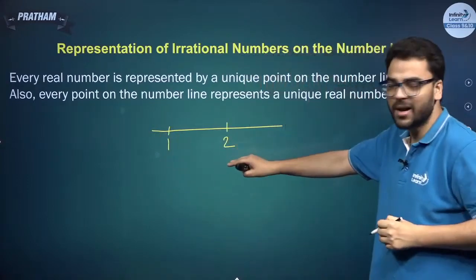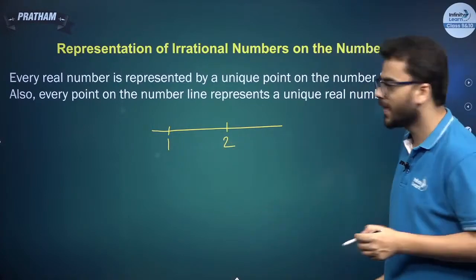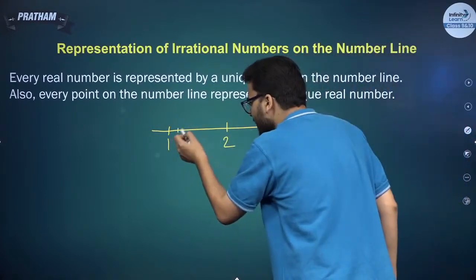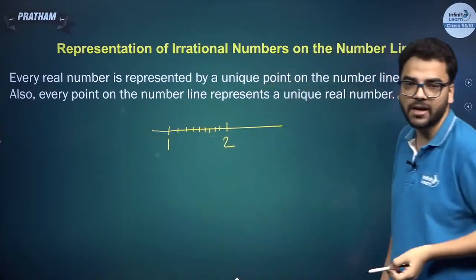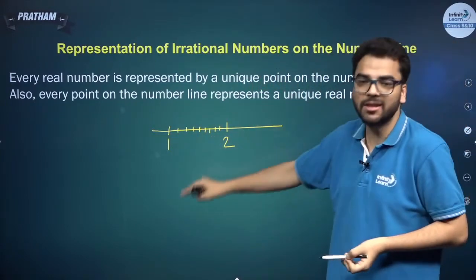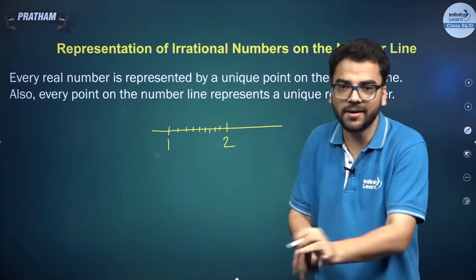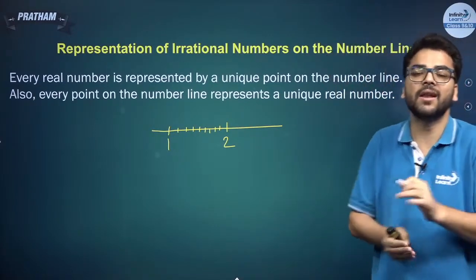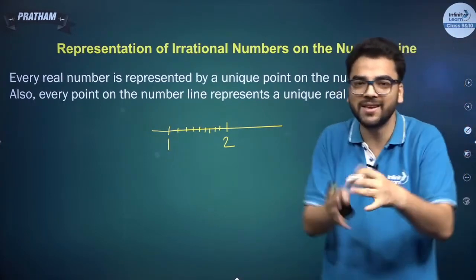You see, on the number line, infinite number of points are there between 1 and 2, right? You cannot count them, right? So every point on the real number line will represent a real number, and every real number will represent a point on the real number line. So in both the ways it is true.